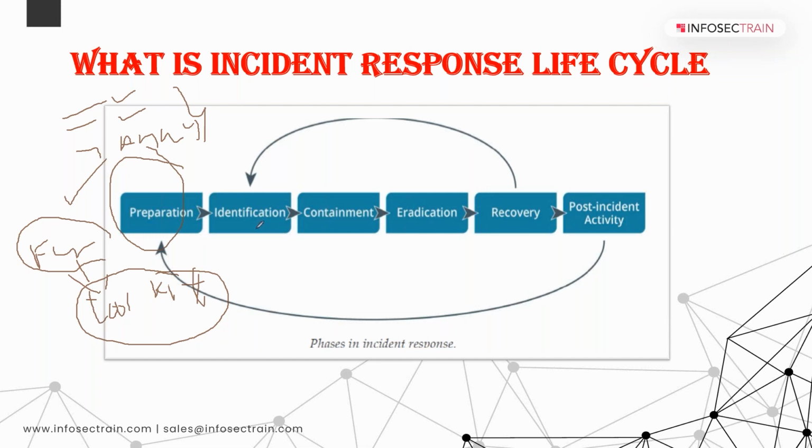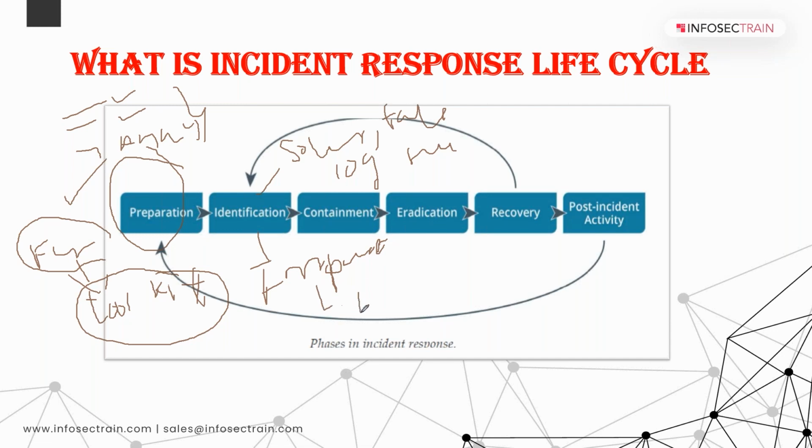How will you identify that particular incident? Like the source IP address, whether it is a false positive or not, log sources, when it happened, and what the impact could be.